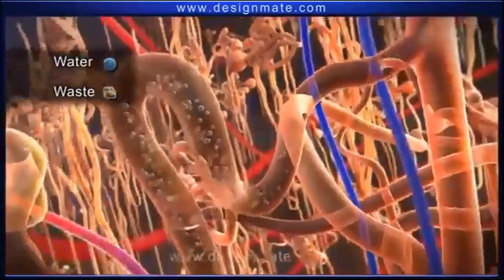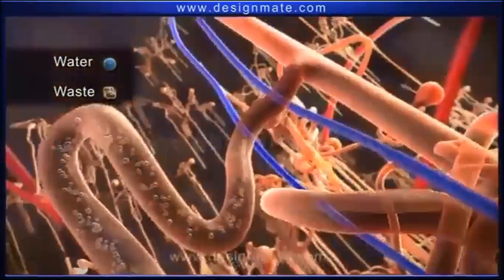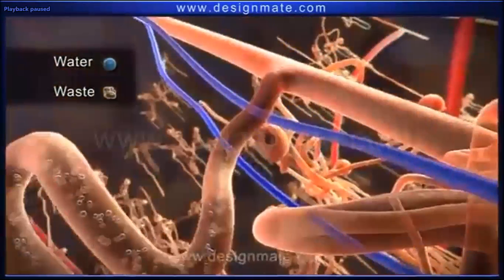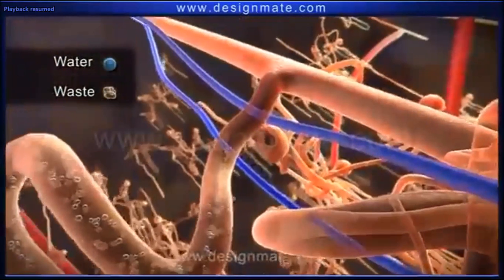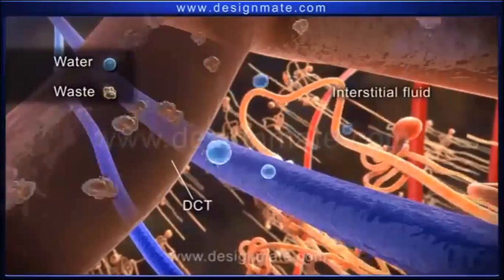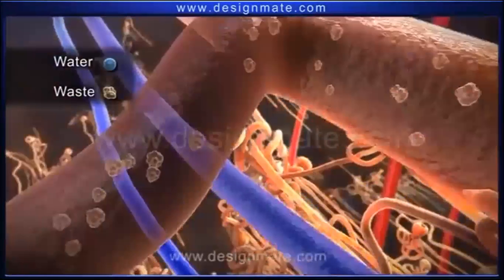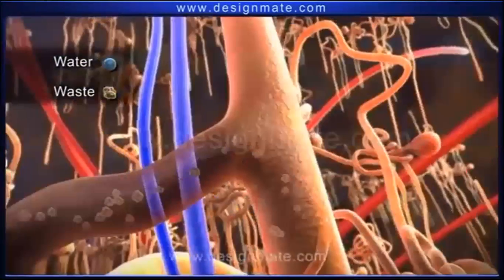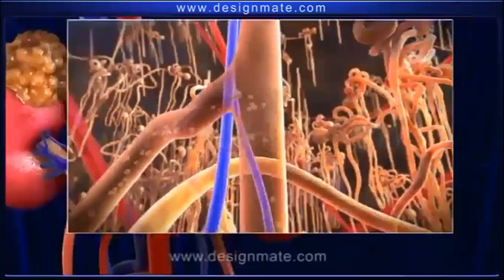And waste materials. Waste materials and some other excretory materials present in the capillaries, that is the blood, are secreted into the DCT. So this is increased concentration of urine.